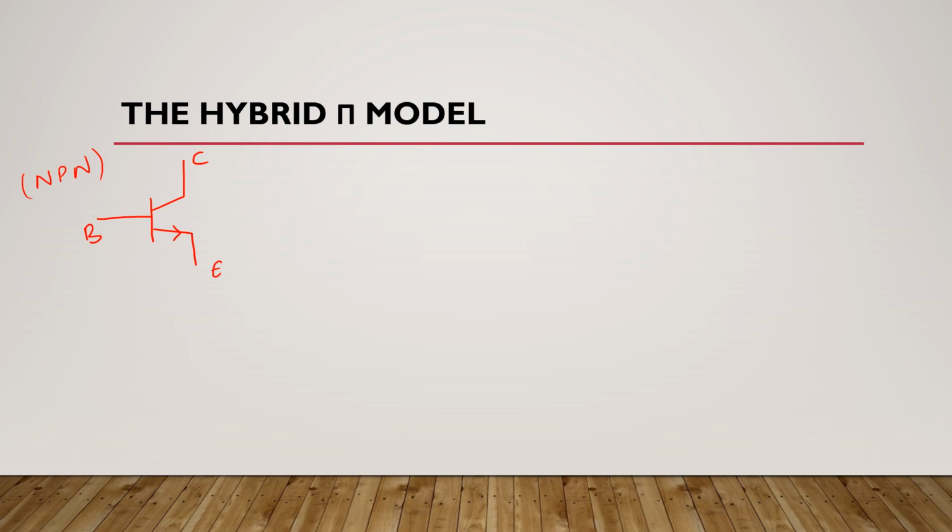So in case of the hybrid pi model, the equivalent circuit for small signal operation of bipolar junction transistor is like this, where this terminal is base and this terminal is emitter and this terminal is collector terminal.